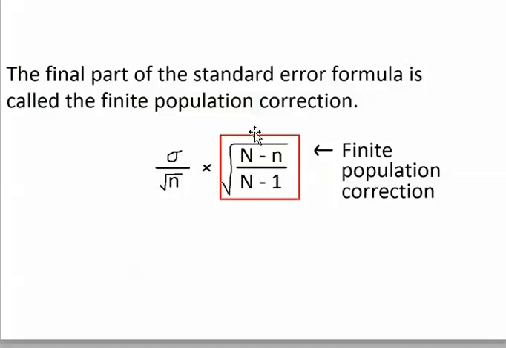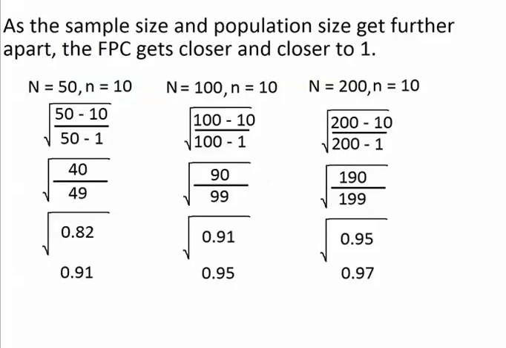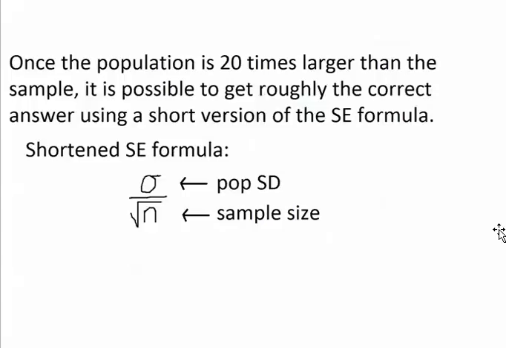If you multiply something by 1, you get the same answer. So basically, when the population is at least 20 times bigger than the sample, the FPC is about equal to 1, which means it can be just dropped off of the formula. So when the population is 20 times larger than the sample, we can use this shortened standard error formula, and it'll give us a roughly correct answer.